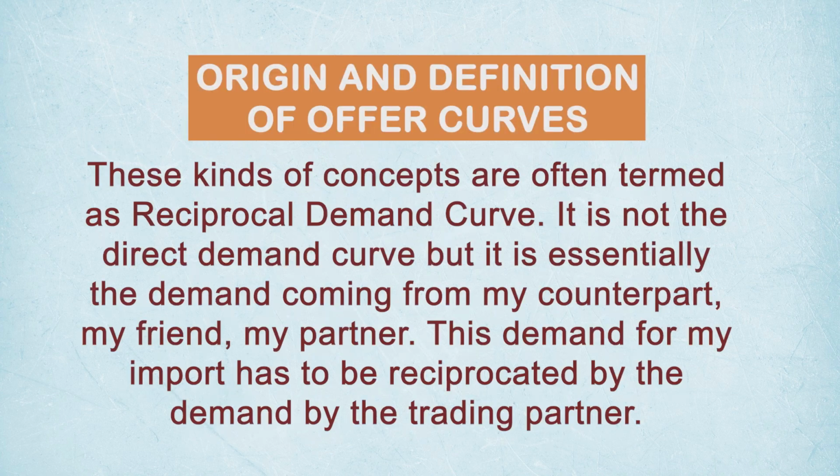And this kind of concept is often used under the term reciprocal demand curve. So it is not the direct demand curve, but it is essentially the demand coming from my counterpart, coming from my friend, coming from my partner. So this demand for my import has to be reciprocated by the demand by the trading partner.